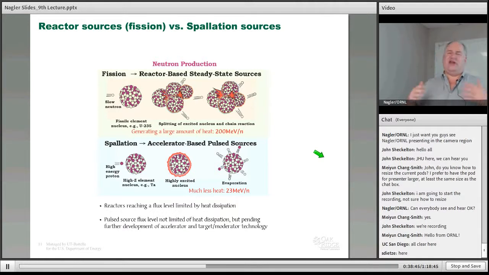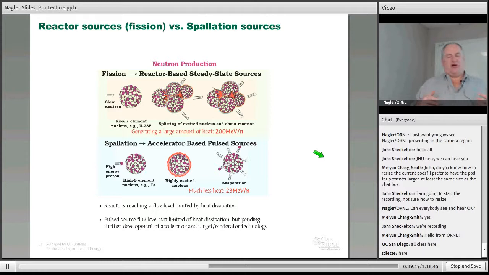This nucleus doesn't have to be something that's going to fission or whatever, but through a sort of complicated set of events that I'm not going to describe in detail, but you can read in any of these books, the nucleus will become excited, and when it finishes being excited, it will emit neutrons. And the amount of heat that it emits per neutron is more like 20 to 40 mega electron volts. So in fact, extracting the heat from a spallation source in principle is easier. Okay?